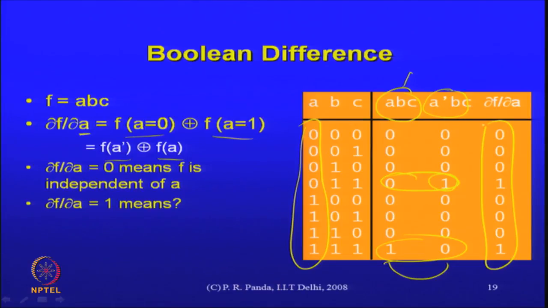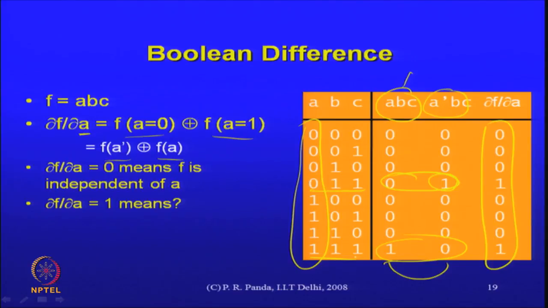It is an OR of the two, in a way. It is just another function, right? So, what function is it of a, b and c? It has become an OR of a b c plus a prime b c. Basically it has become b c. Right, it is b c because it is a prime b c plus a b c, which is just b c. Does that make sense?